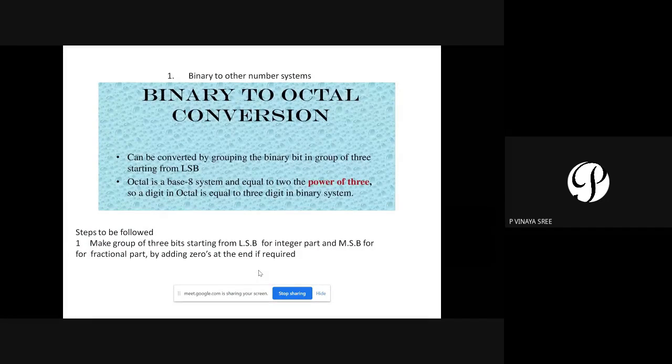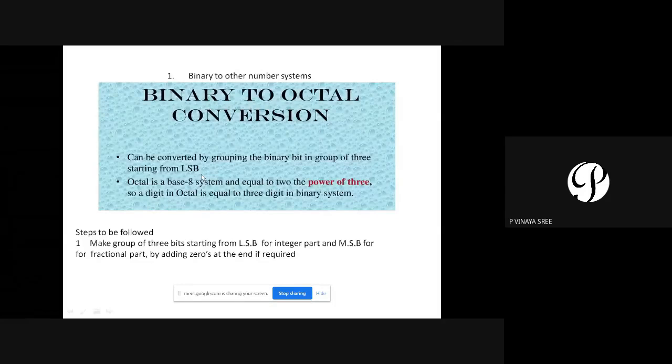Okay, next is binary to other number systems. Note down, write the side heading: binary to other number systems. This is also a most frequently asked question, and most students face a problem. It can be converted by grouping the binary bits in groups of three starting from the LSB.